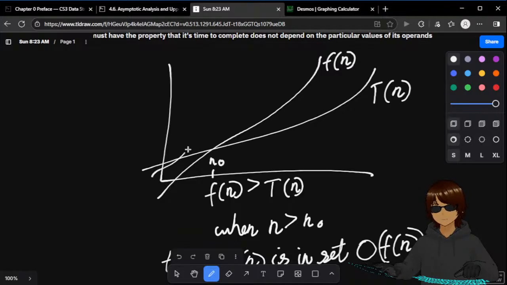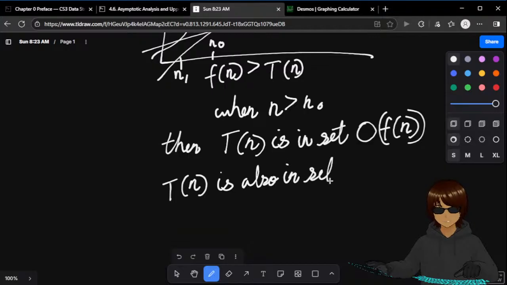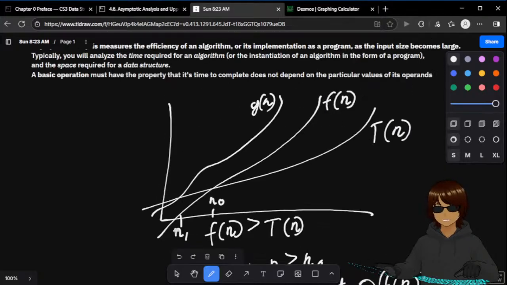Let's do g(n), and then we have n1. T(n) is also in set O(g(n)), because they exist, because g(n) is more than T(n) after some point.